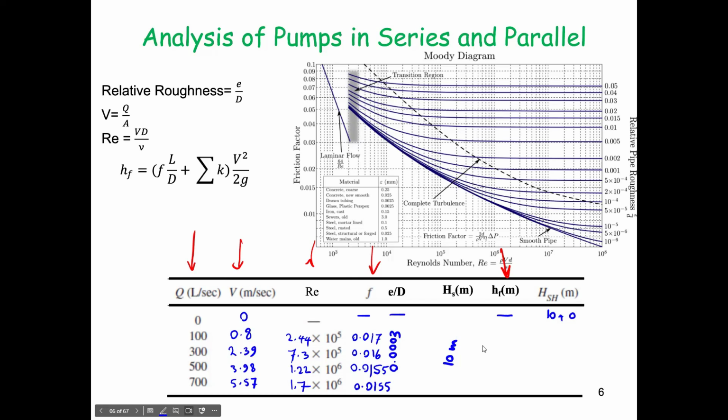And the last one is HF. If you have your HF, just let me know your HF. We have 1.66 for 300. I don't have the same. For 300, 1.66, you say?